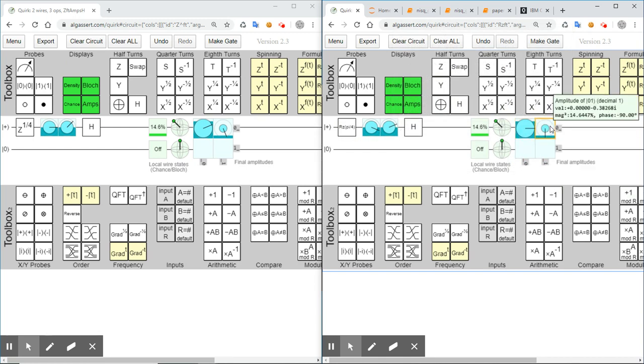Yeah, so you're getting the same amplitudes, and the phases are different, but the relative phase is what matters. Okay, so this is all fine. So those are really equivalent. It's just that one rotates also the amplitudes of zeros, and the other one doesn't.